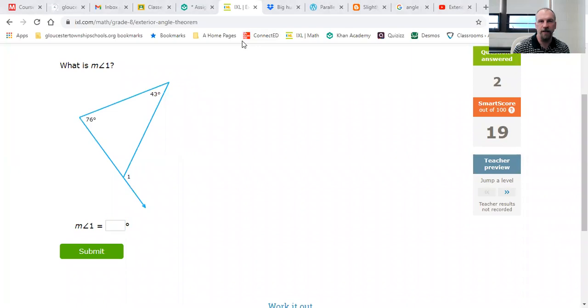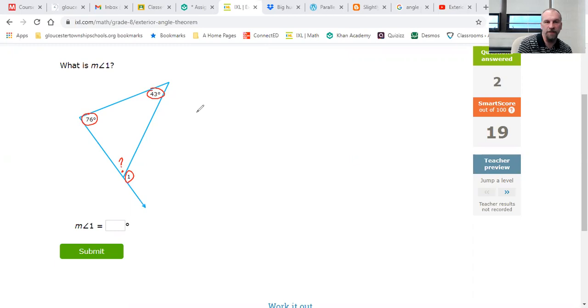Let's see. So I've got two interior angles here, 76 and 43, and an exterior here, angle 1. Notice that they are not adjacent to this adjacent angle, I don't know, and I don't need to find out this time because I can use my remote interior angle sum to find the exterior angle.